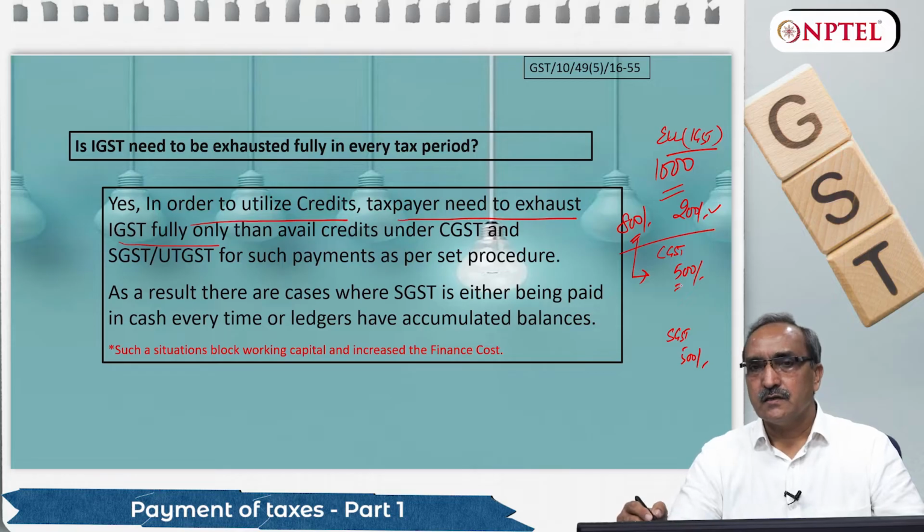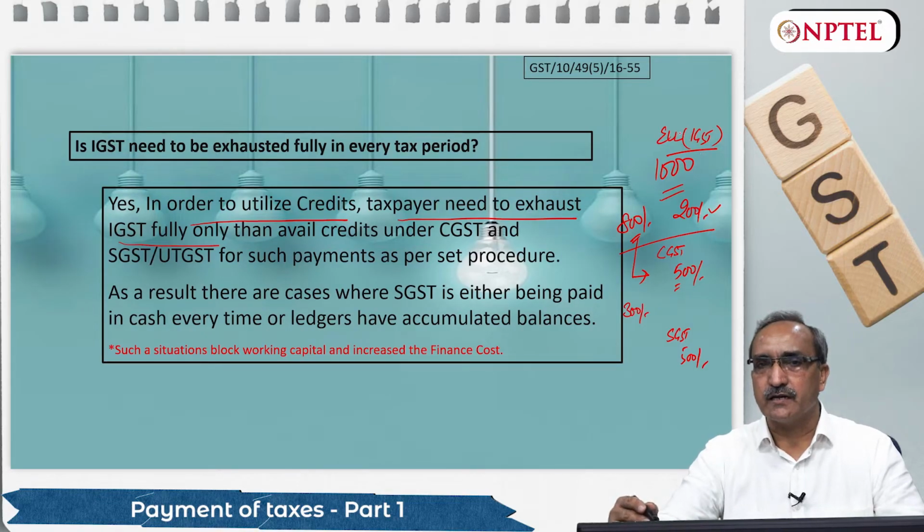So here, when you are using this 800 rupees of IGST for the payment of CGST, again you have a balance of 300 rupees in your IGST account in the electronic credit ledger. Then this 300 should be used for payment of SGST.